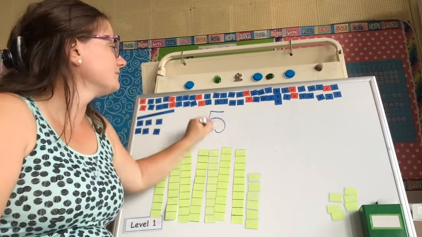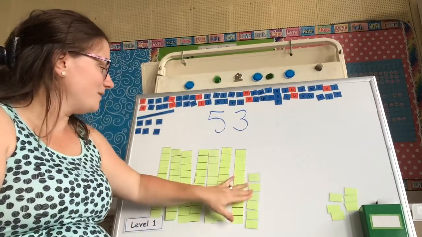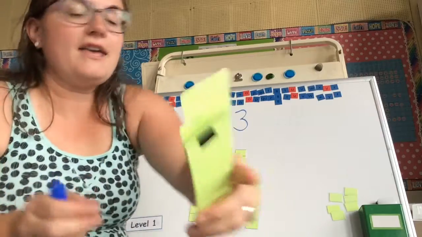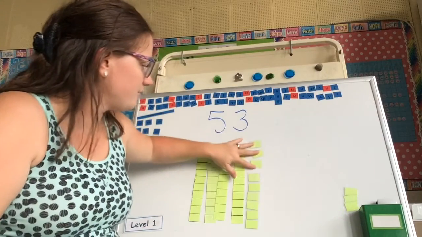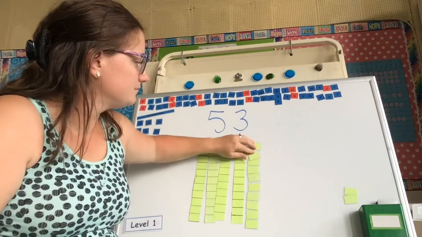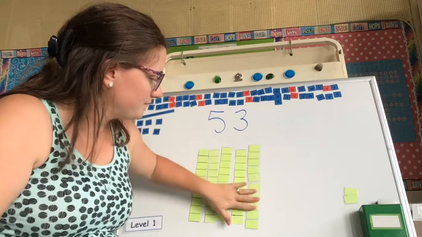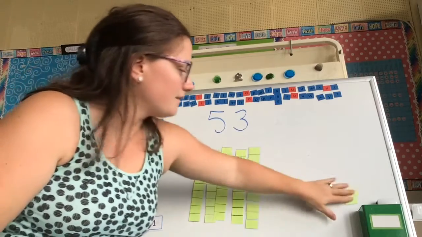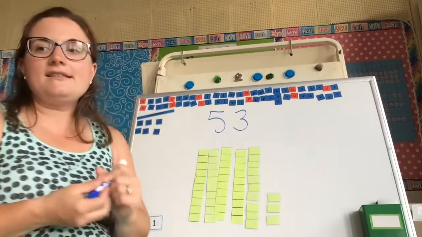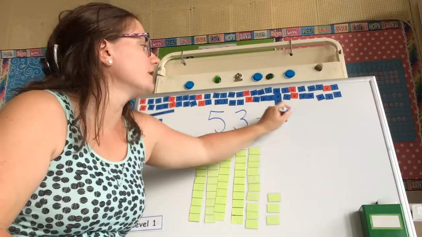Okay, say this number out loud. 53. So let me get my 53 here. So 10, 20, 30, 40, 50. Okay, and then let me get my 3 here. This time I would like to take away 5.